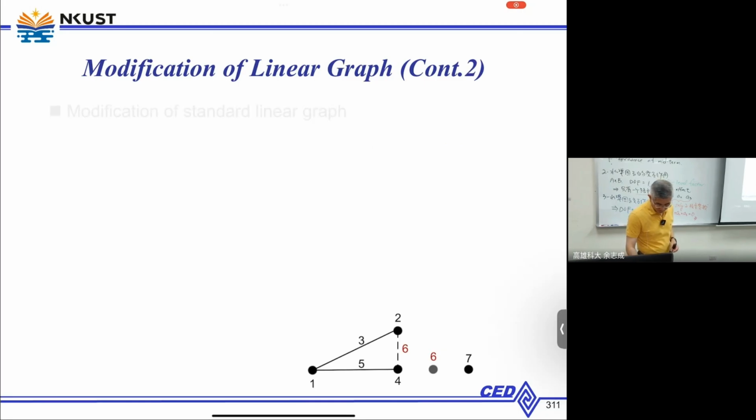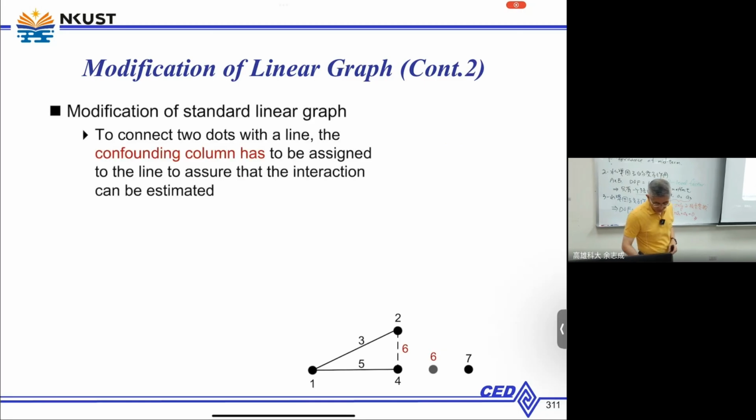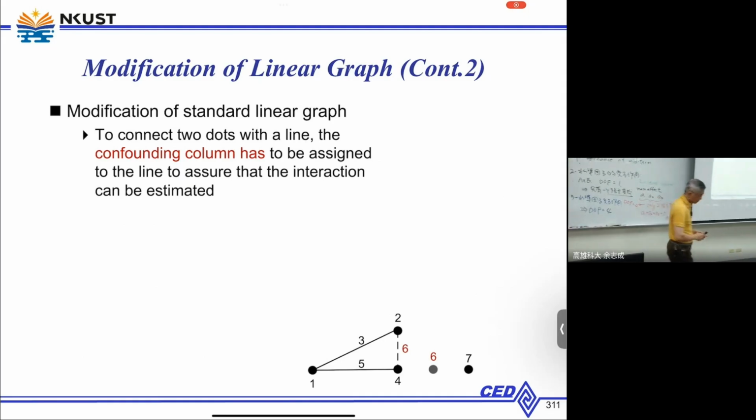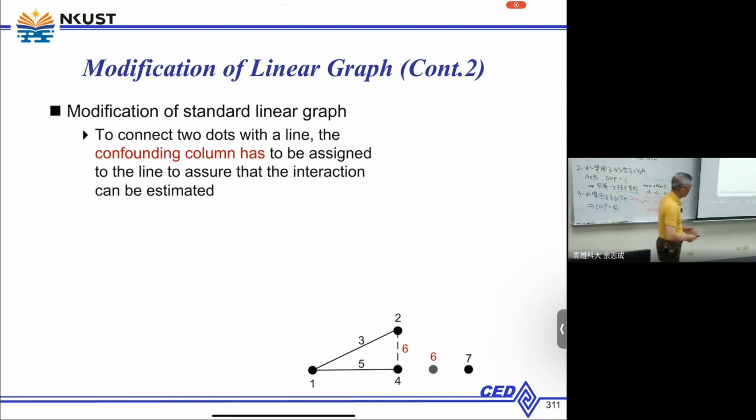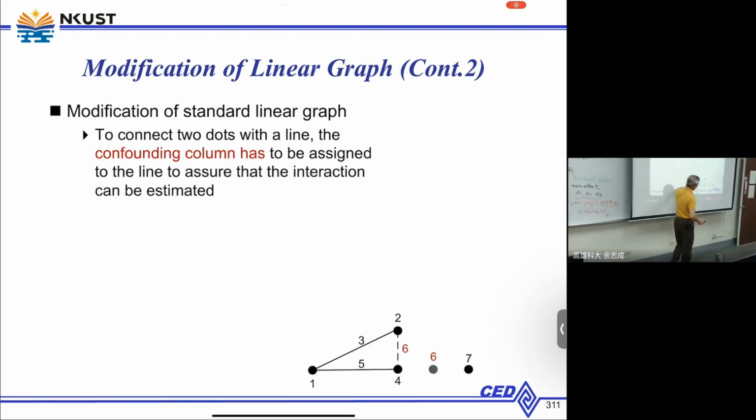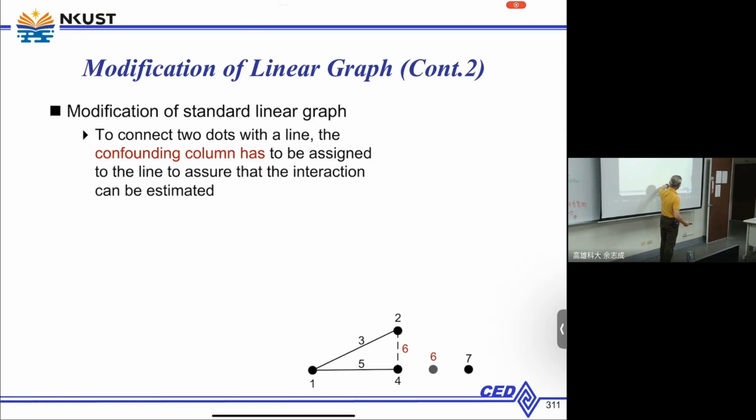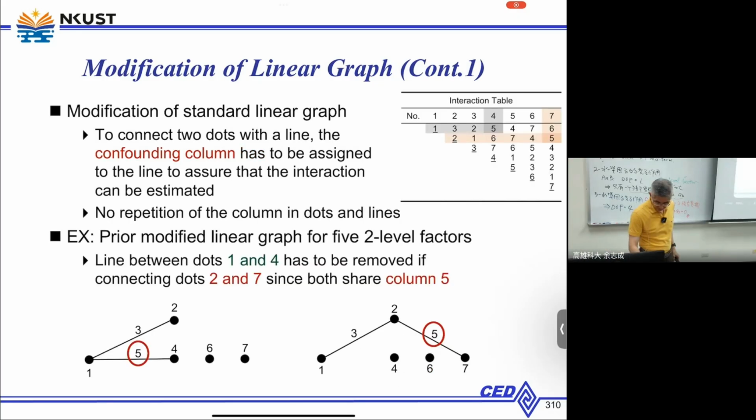All right, at the same time, from the previous example, if you want to consider the interaction between 2 and 6, there was no line. If you want to connect 2 and 6, again look at the interaction table here.